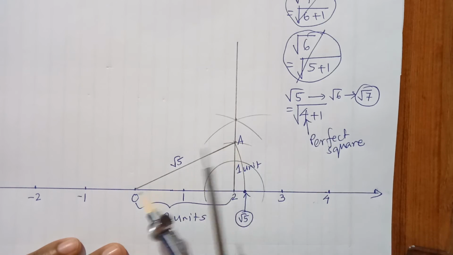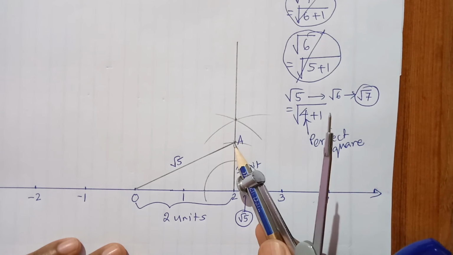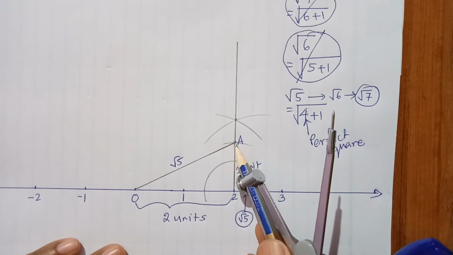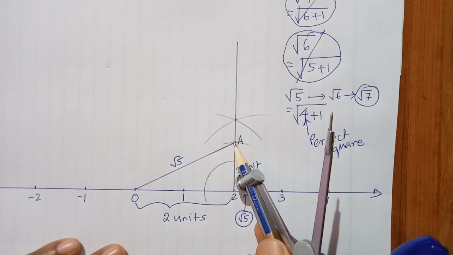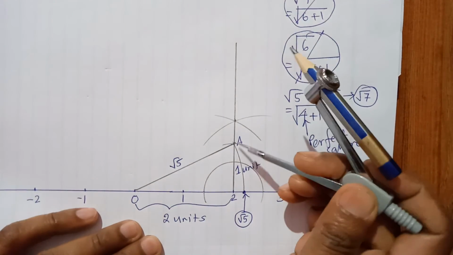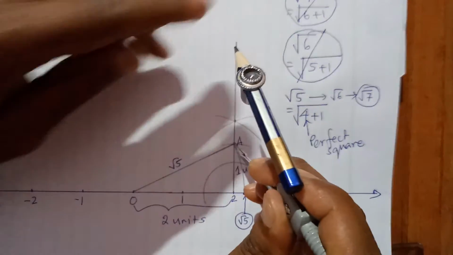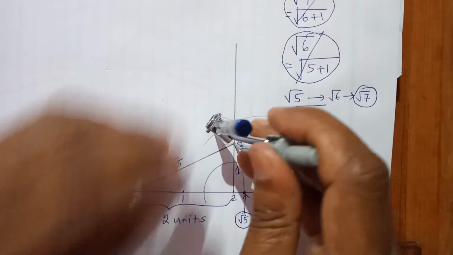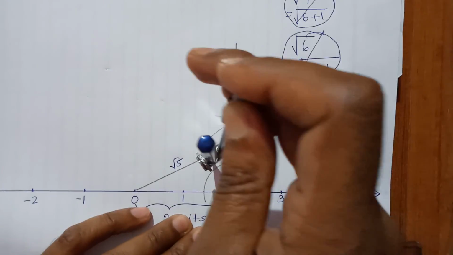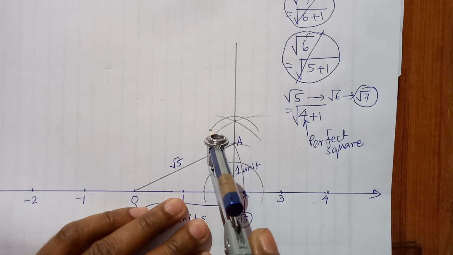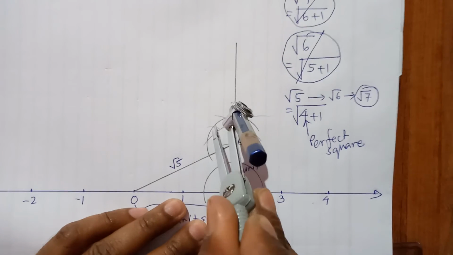So always at the end of the hypotenuse you have to draw a perpendicular. At this point A, the end point of this hypotenuse, draw the perpendicular with the help of compass. At the end point of a line segment, how to construct a perpendicular? I hope all of you know this. So draw one arc like this. Then from here, cut 2 times.